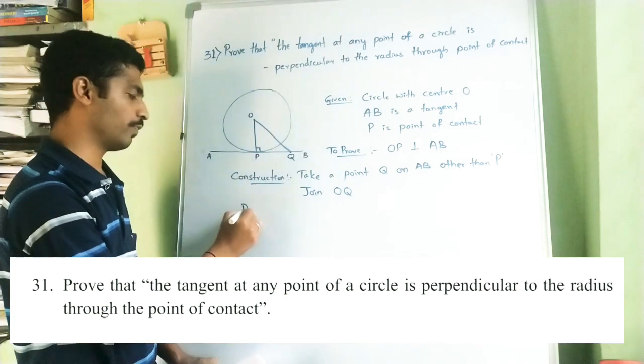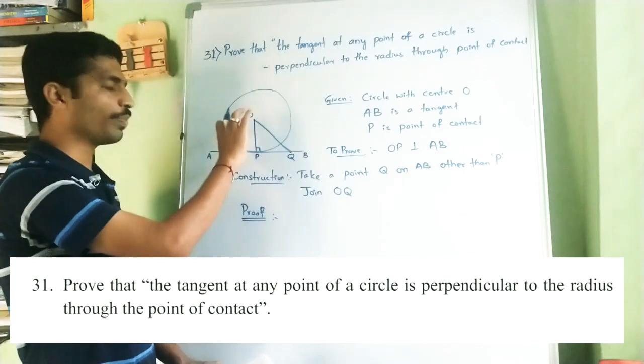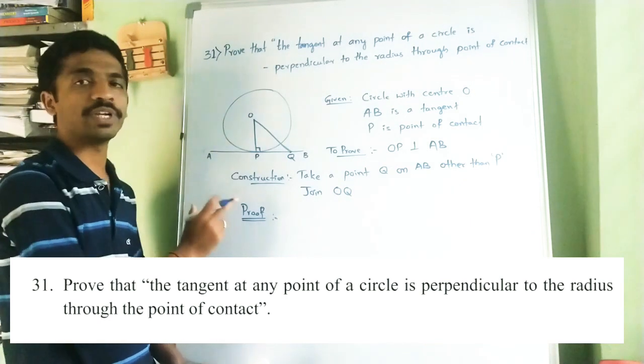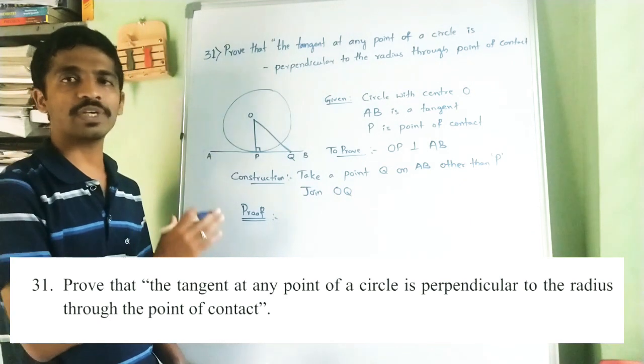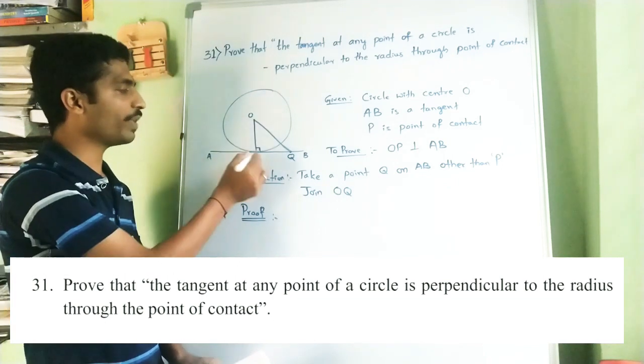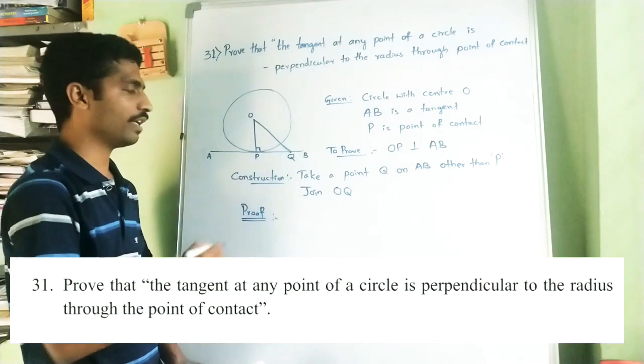Okay, so proof. What we have to prove is that OP is the shortest distance from the center to AB. The shortest distance is always perpendicular to that line. So we have to show that OP is shorter than the other points. Here OQ we took.